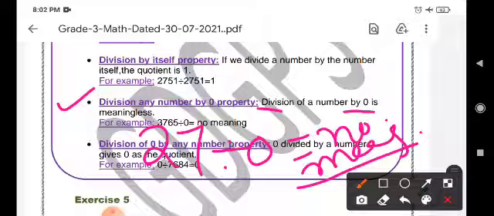Then you are asked how many toffees each group has. There is no group, so no question arises of having a sweet or a toffee or a chocolate. So it is meaningless. That means you can't divide a number by 0.